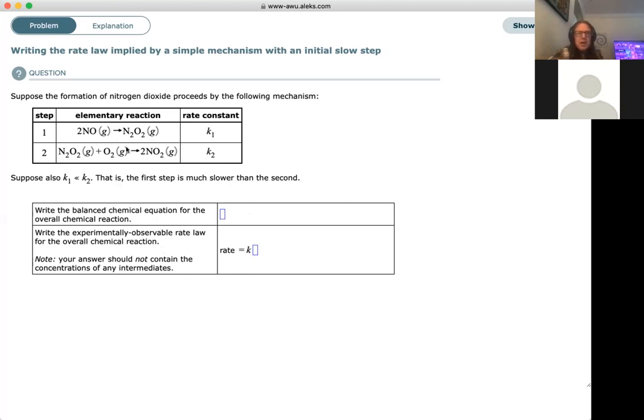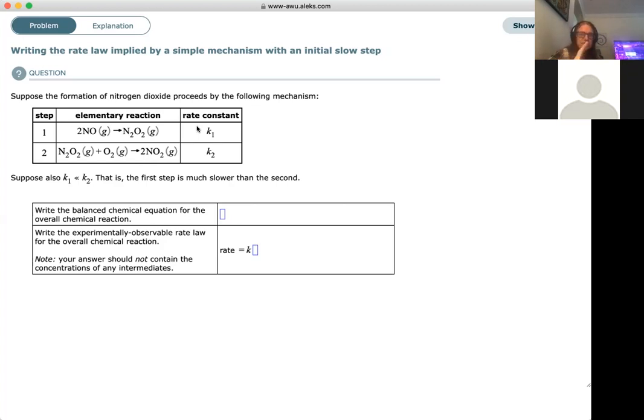Now, the first one that pops up here is actually the easier one. One is harder than the other. And when you do this, you might get the harder one first and then do an easier one. But in this case, it came up easier first. So when K1 is much less than K2, that means it's the rate determining step. If that happens, then all you've got to do is write the rate law for that step, and that's the rate law for the experimentally observable experiment, right?